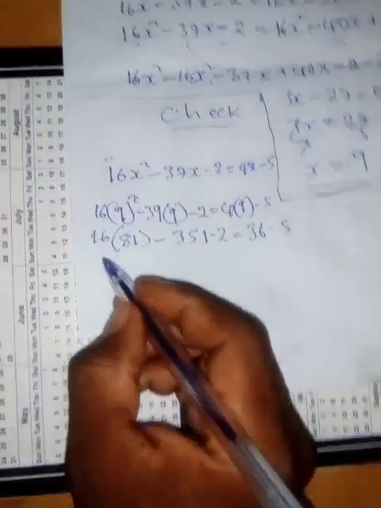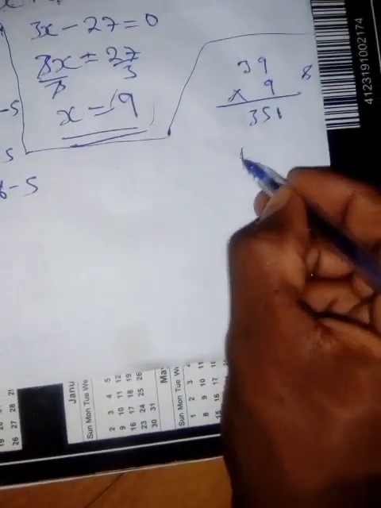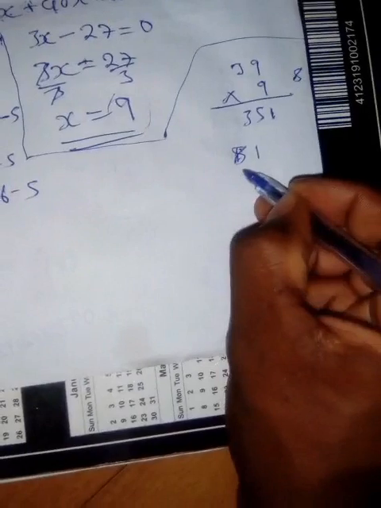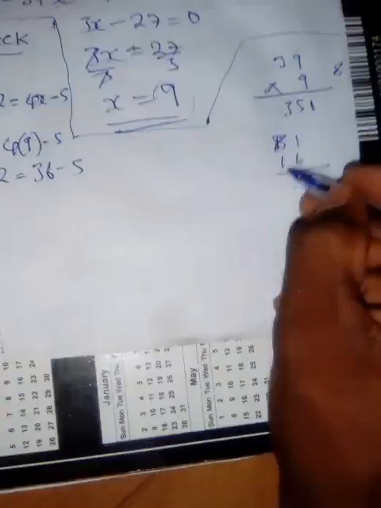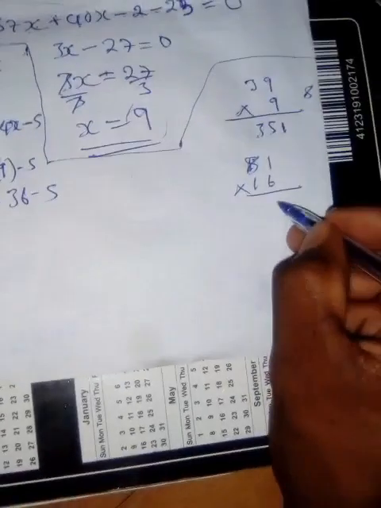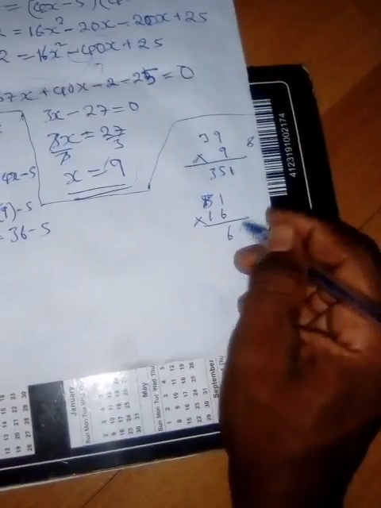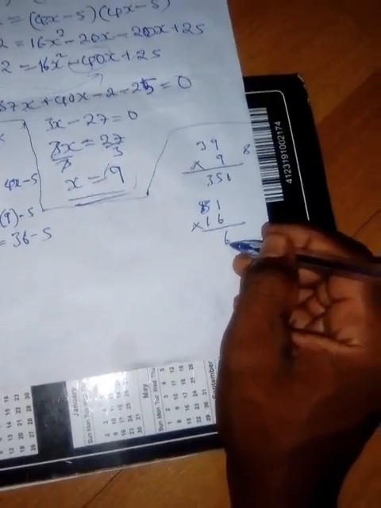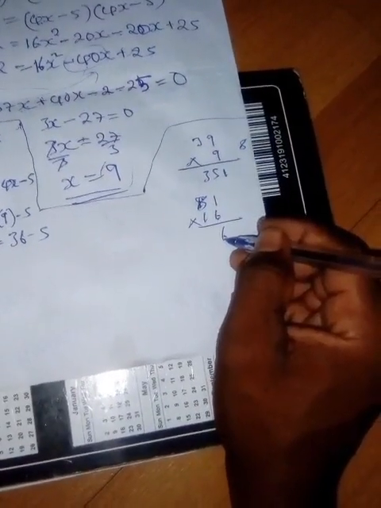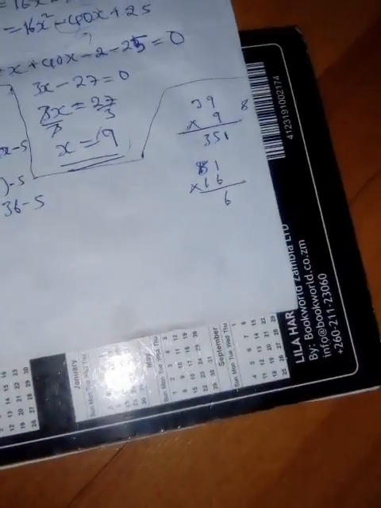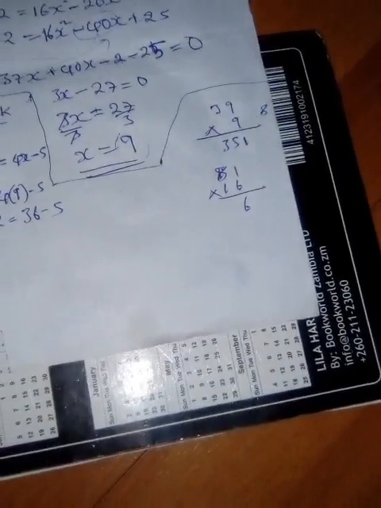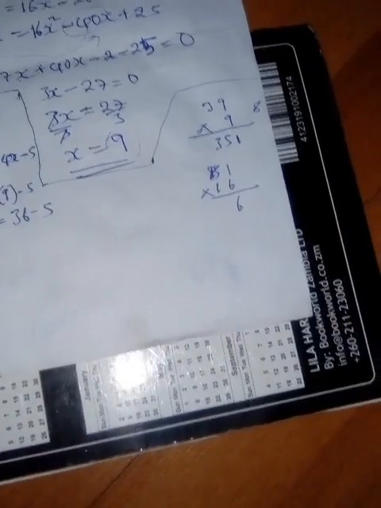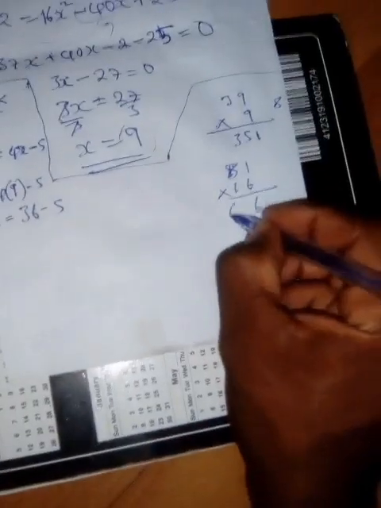So here, 16 times 81, I'm going to use the same method. 81 times 16. 6 times 1 is 6. 6 times 8 is 48.